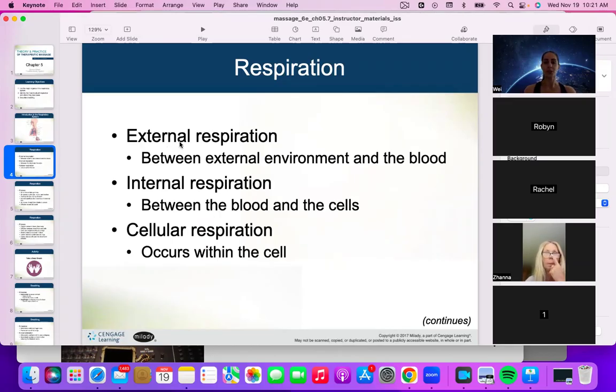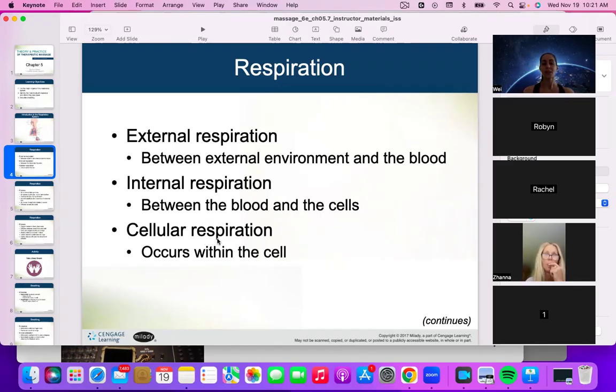So besides the external respiration from the environment to the blood, we have internal respiration that happens in the body after the blood is pumped from the heart to the rest of the body. So the blood is sent towards the cell, okay? The exchange is between the blood that's been oxygenated and the actual cell.